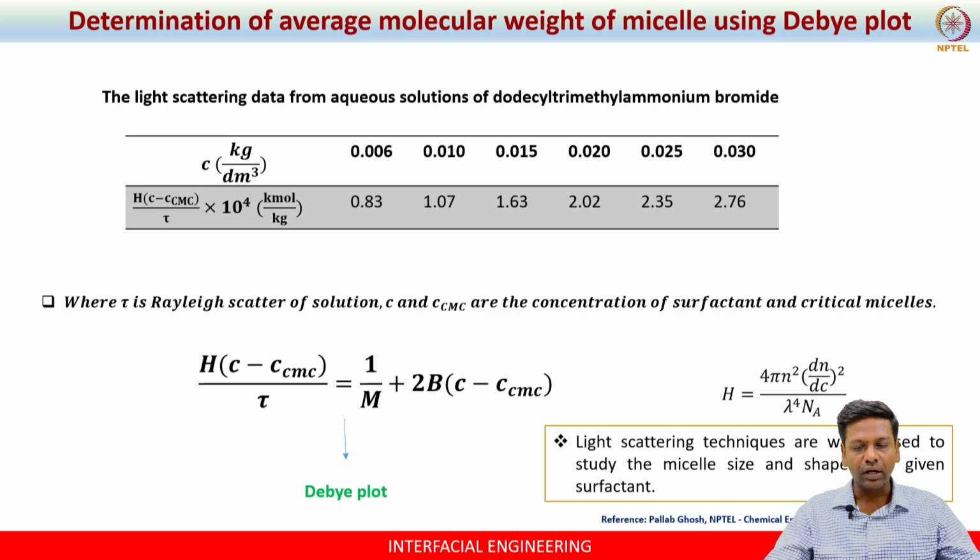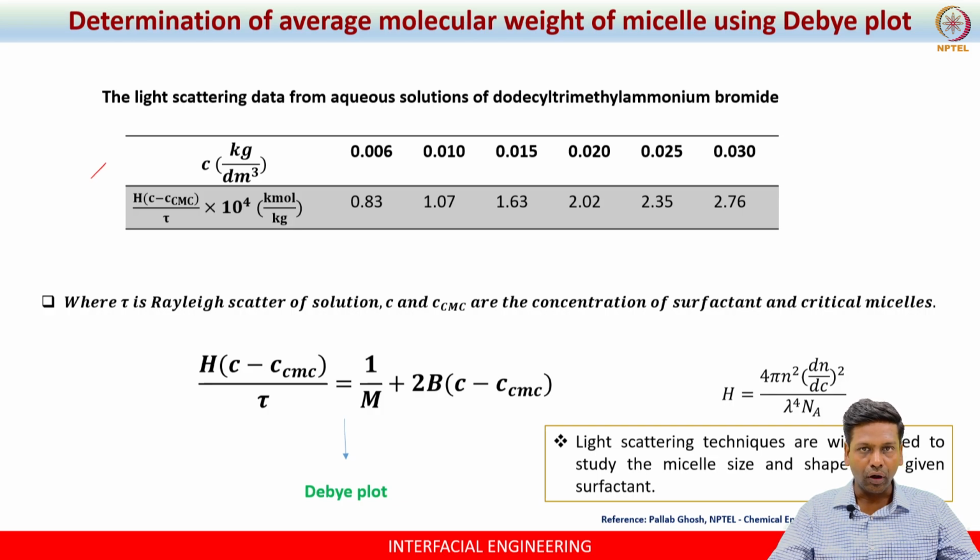So next we will look at the Debye plot. The Debye plot is basically obtained from light scattering data. With the help of a light scattering instrument, one can obtain this data.